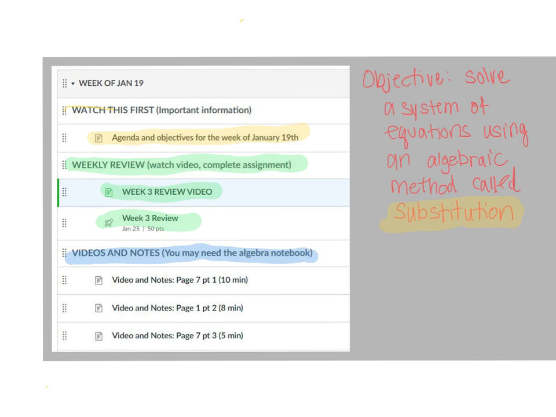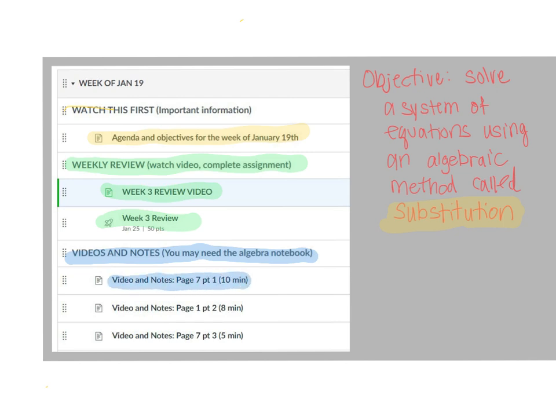You will need your algebra notebook, and there are 3 videos for 1 page, all of which are on the same page. It's just broken into 3 different parts, so that you have some breaks in between.